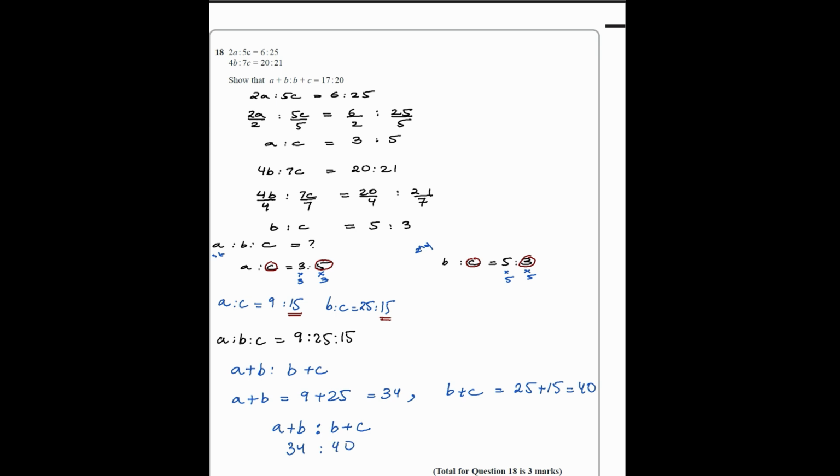If we divide both sides by 2, 34 divided by 2 is 17 and 40 divided by 2 is 20. So that is 17 is to 20, and that's our answer. The final answer: a plus b is to b plus c equals 17 is to 20.